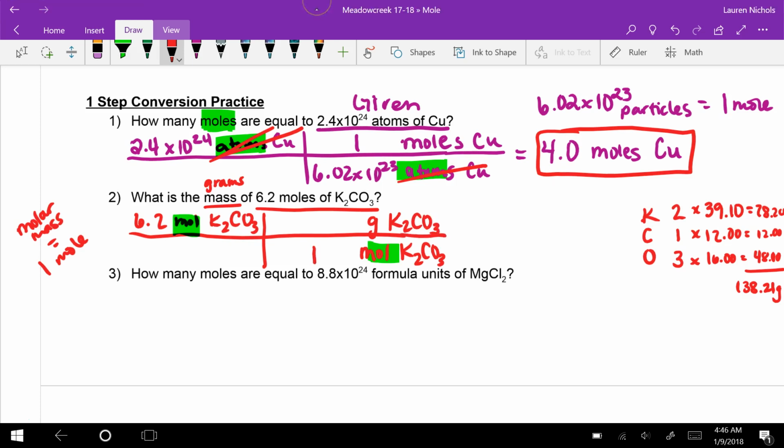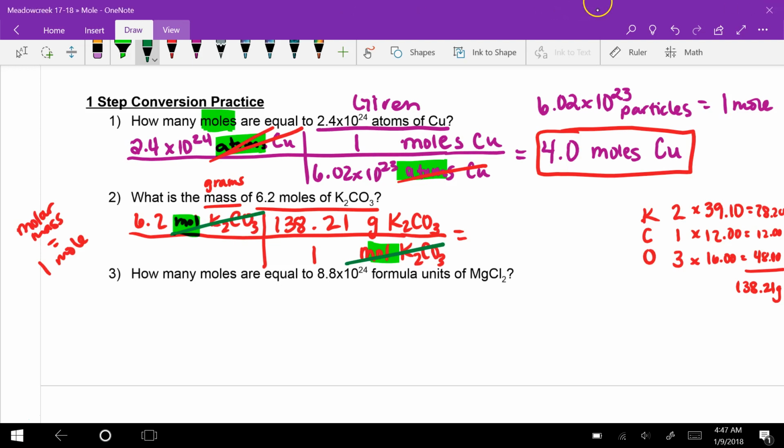I know that 1 mole is equal to my molar mass, which is 138.21 grams, and I'm going to multiply across the top and divide by what's on the bottom. So 6.2 times 138.21 divided by 1, and if I look at what cancels out, moles of potassium carbonate cancel out with moles of potassium carbonate.